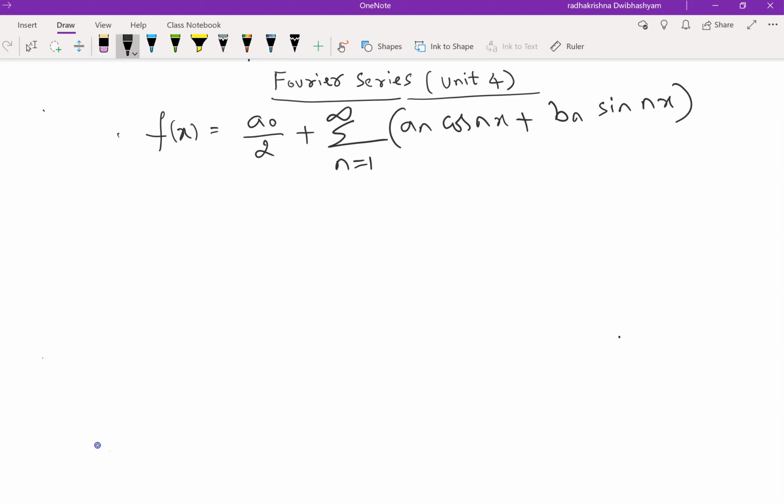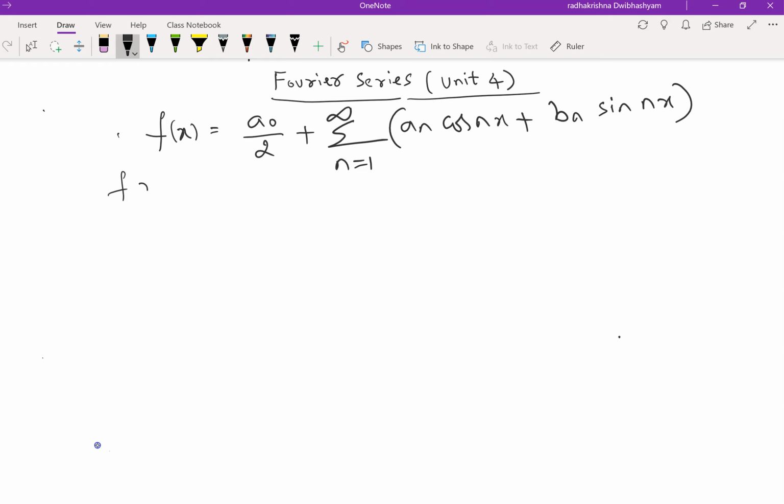To expand any function in Fourier series, we should know the values of a0, an and bn. Before this expansion, f(x) should satisfy some conditions, as I have told. Then only can we expand that function in the form of Fourier series, whether it is continuous or discontinuous.